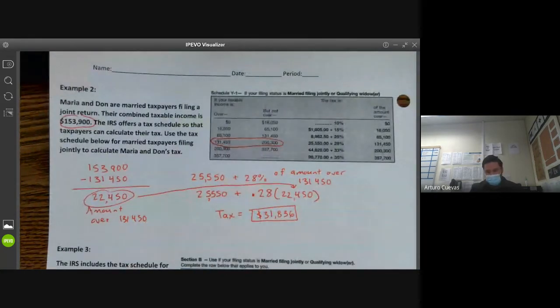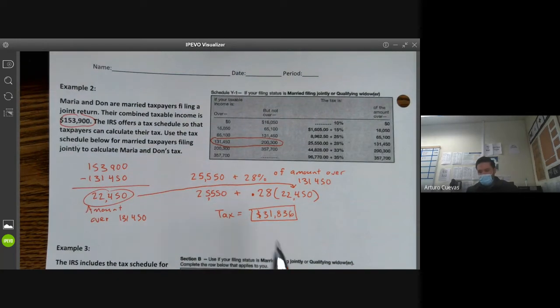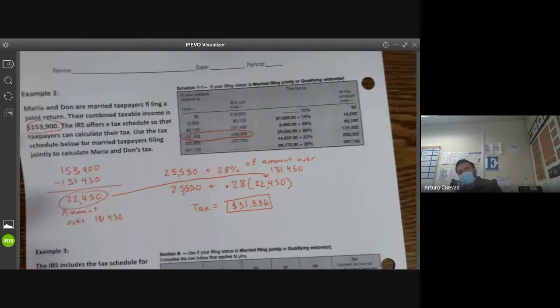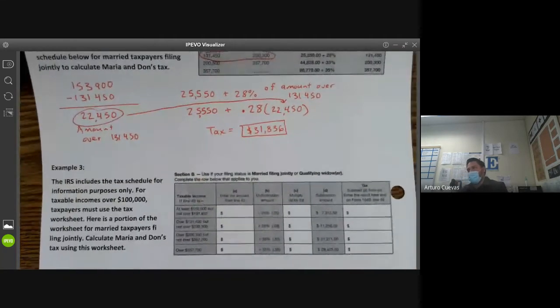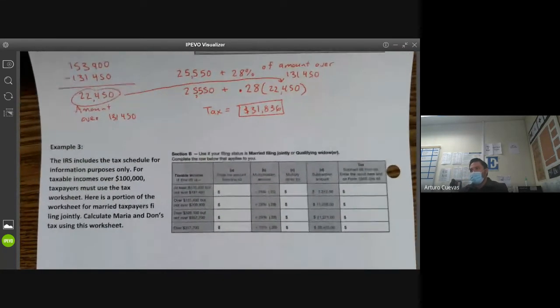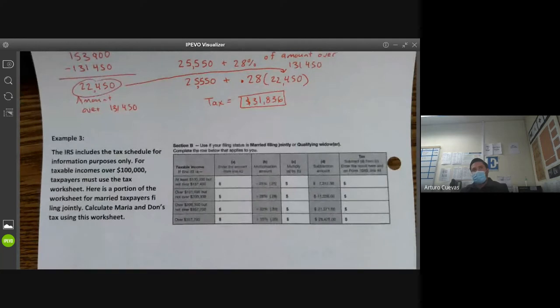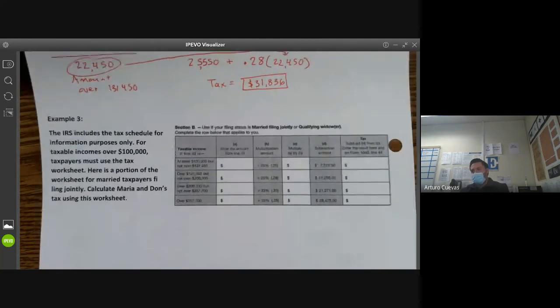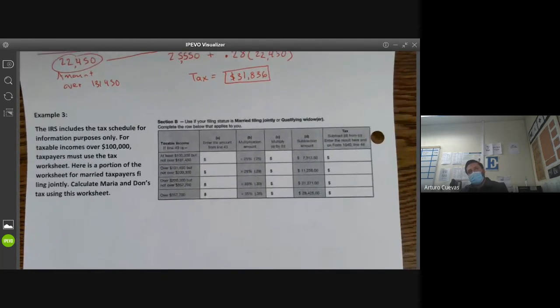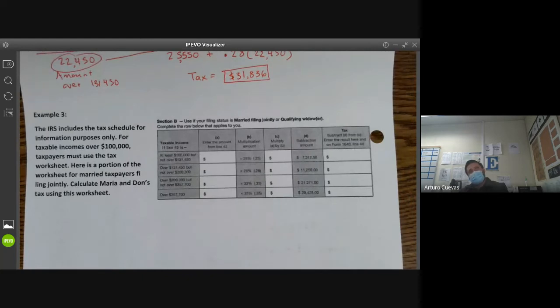According to the book, example 2, that is correct. 31,836. Oh, good job, Olivia. She's the one that got it.